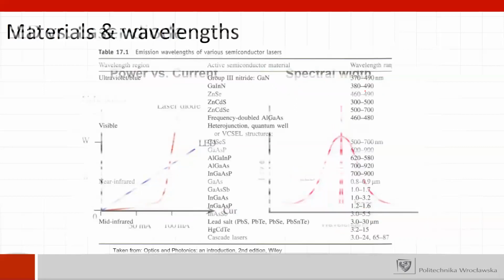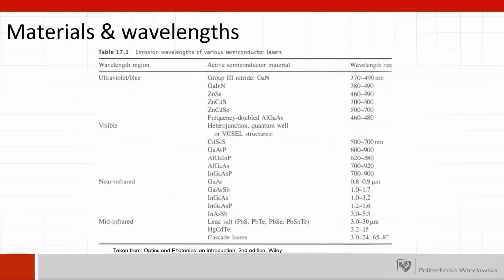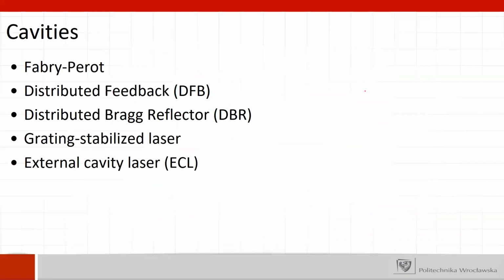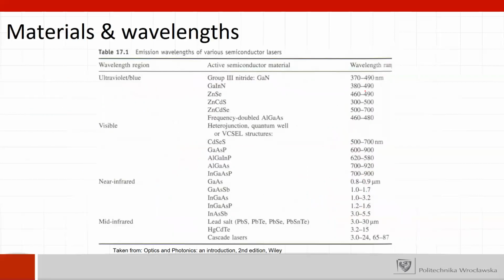Okay, so I think I will stop here, and I will continue with the types of resonators used in semiconductor lasers next week. I will stop on this slide, which shows the typical emission wavelengths for different semiconductor materials.